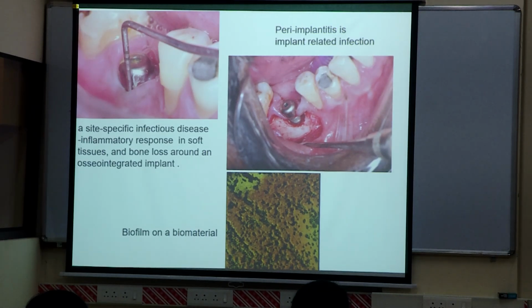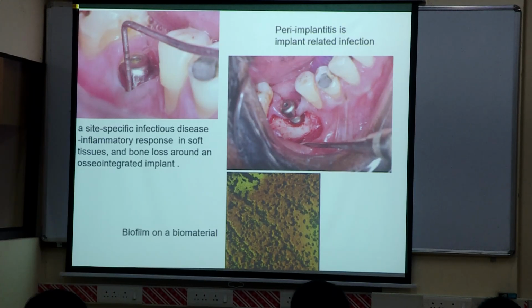Look at this, the entire area gets inflamed, so that whole material has to be removed, whatever they had put in, and then they may have to place another one. First address the inflammation, pain, if there is infection, then they will address that, and then they may put something else. That is one problem, the response of the host to the material.